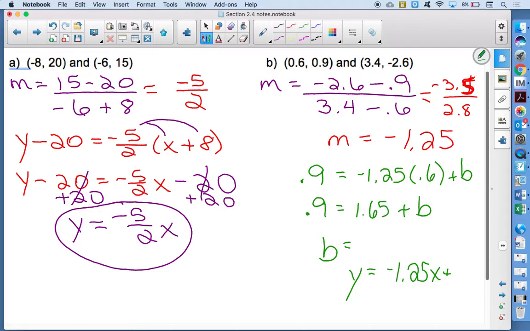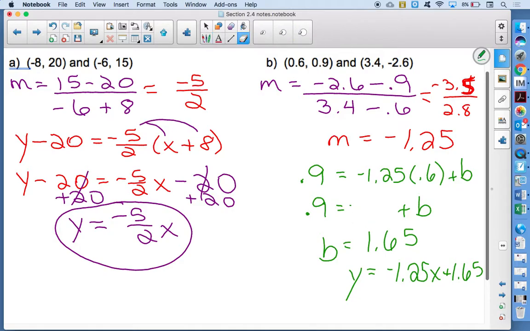That's your answer? But for that number, I use the negative 6. It's negative 1.75. And then you add that, you get 1.65. Any questions?